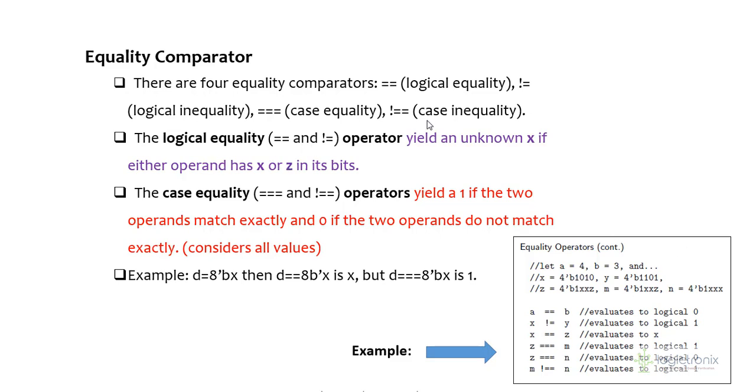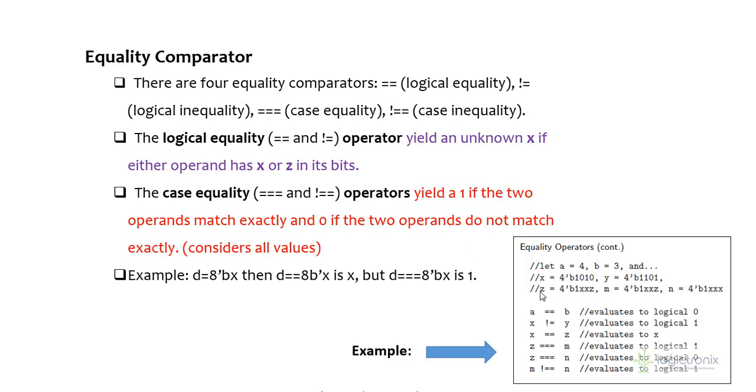While talking about case equality and case inequality operators, that means triple equals and not double equals, they check individual bits, so they need to be checked with individual operand bits. If all bits match, it will give the true result, or else the false result.